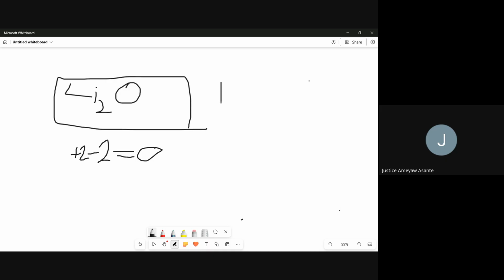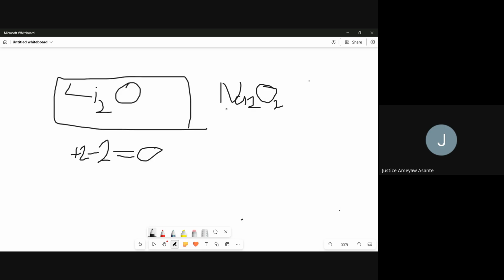But let us take this compound, sodium peroxide, and there is a chemical formula for sodium peroxide. What is the oxidation state of oxygen here? Since there is no charge shown, the oxidation state of the compound is 0.